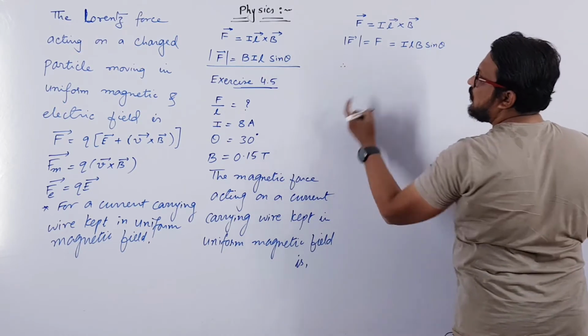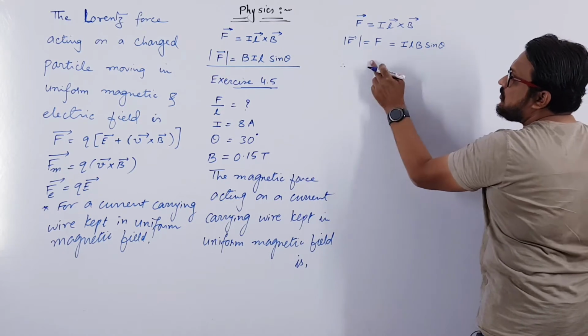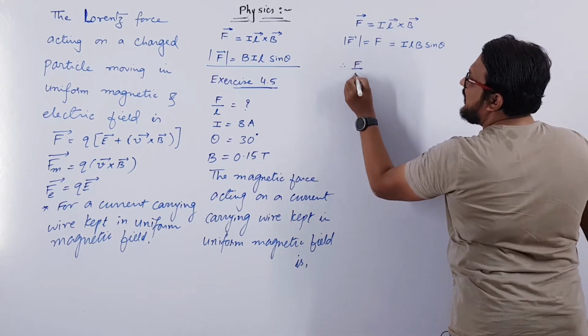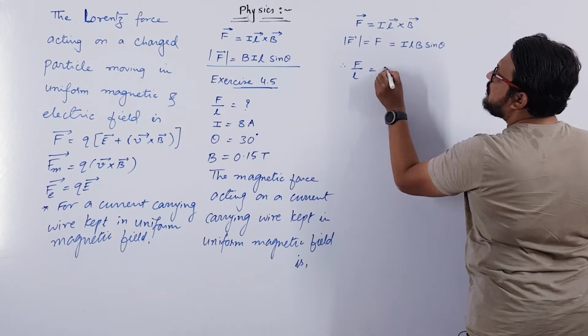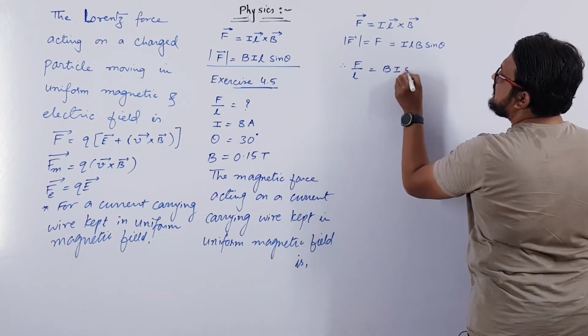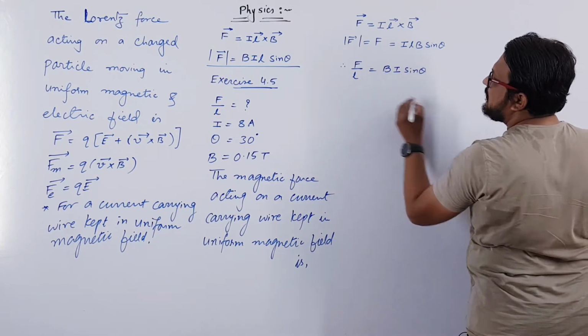Therefore, we want to find force per unit length, so take length on the other side. So F by L will be equal to BI sin theta, right?